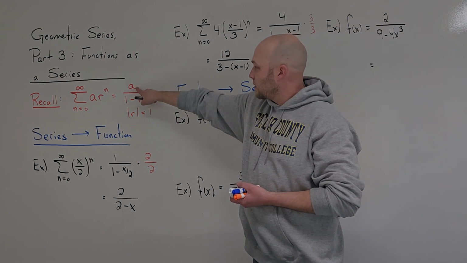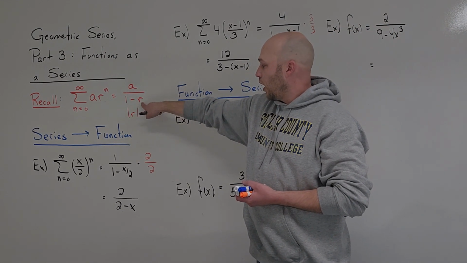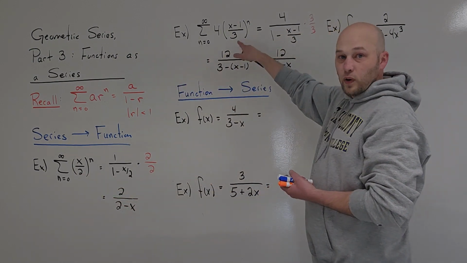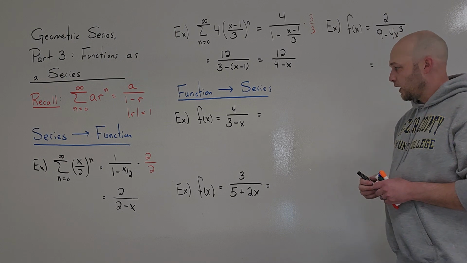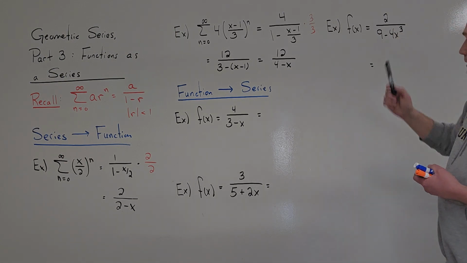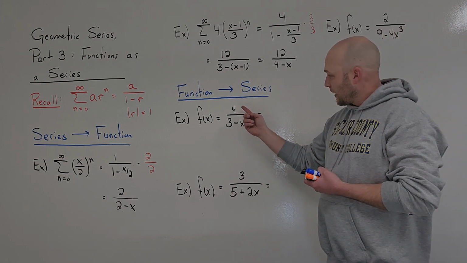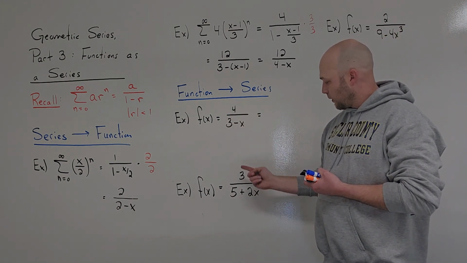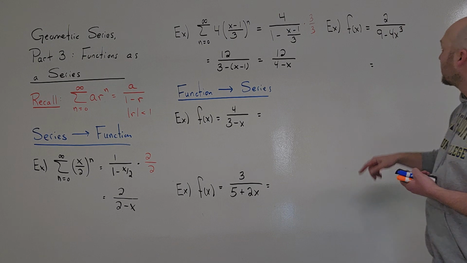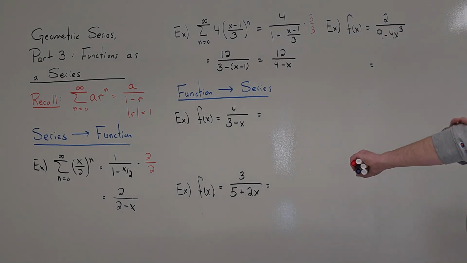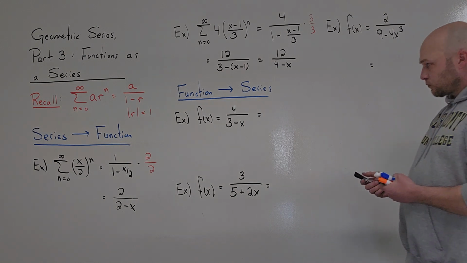This has to be a constant, this has to be a 1, and your r is like your x over 2 or your x minus 1 over 3. That's where your variable can be located. Let's take a look at these 3 examples here, and then we'll go through the specifics. Notice each one has a constant, a variable term, a constant, a variable term. Okay, let's go through how this would work.